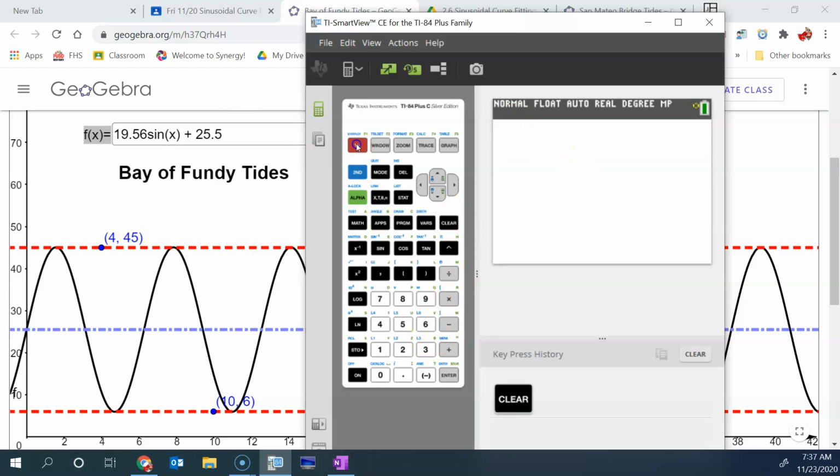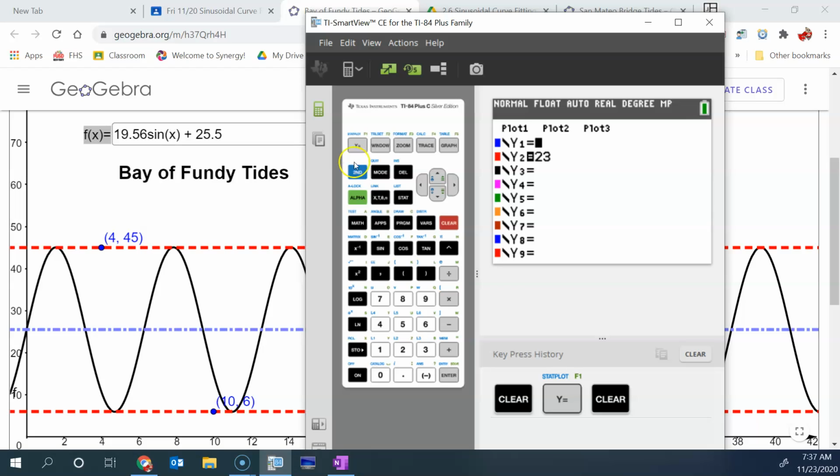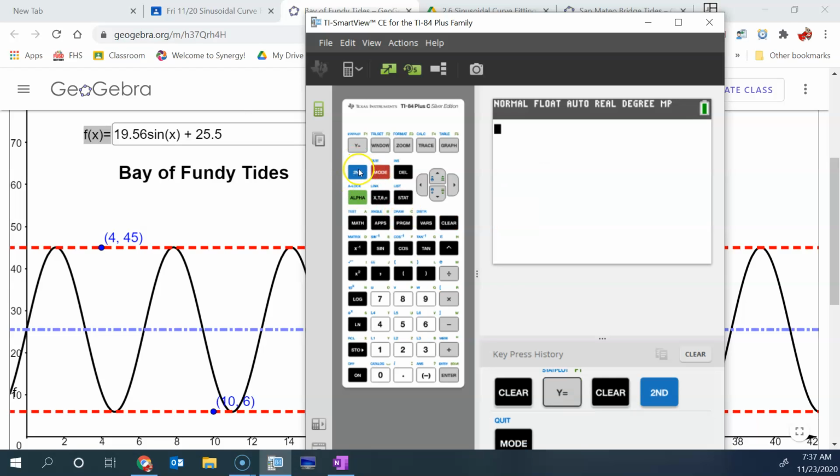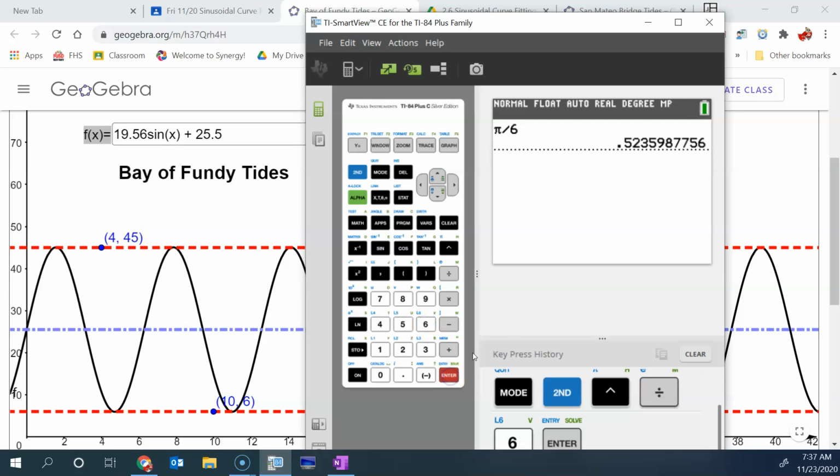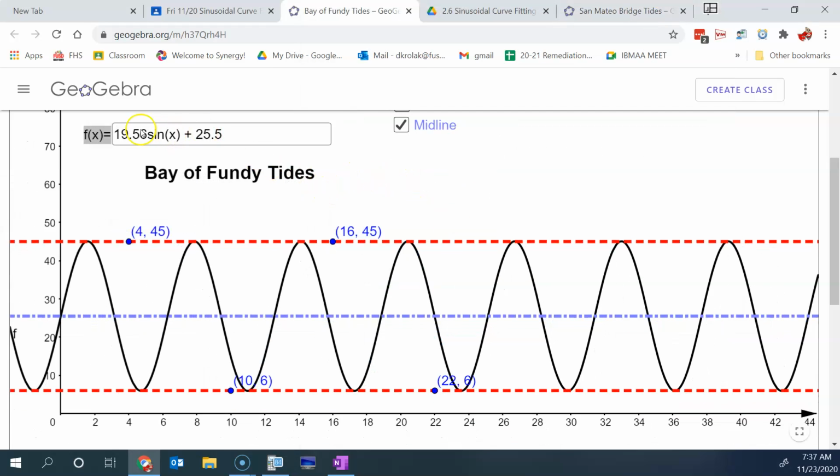Pi over 6, to 3 decimal places, is 0.524.